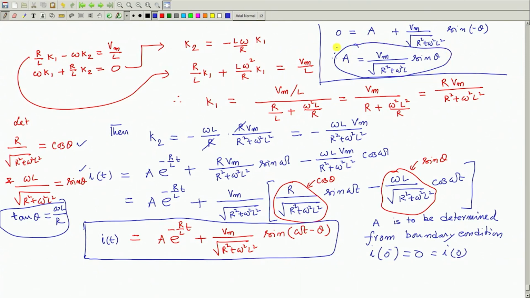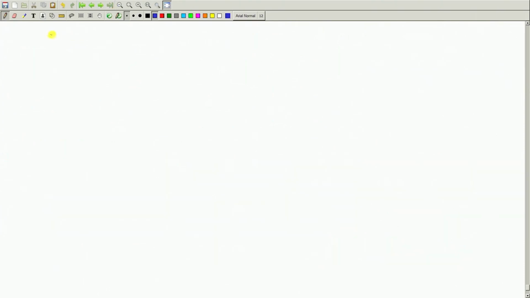Therefore, the total solution I will write on the next page.